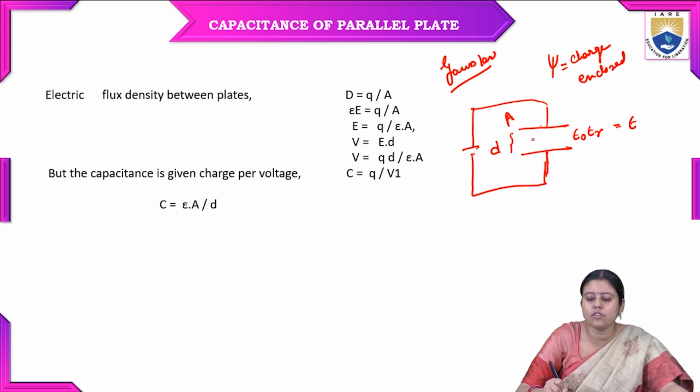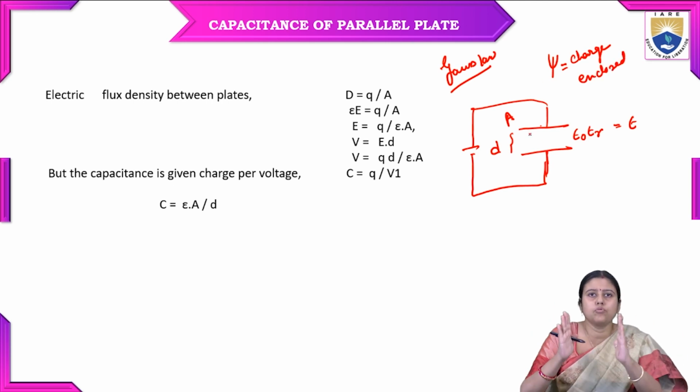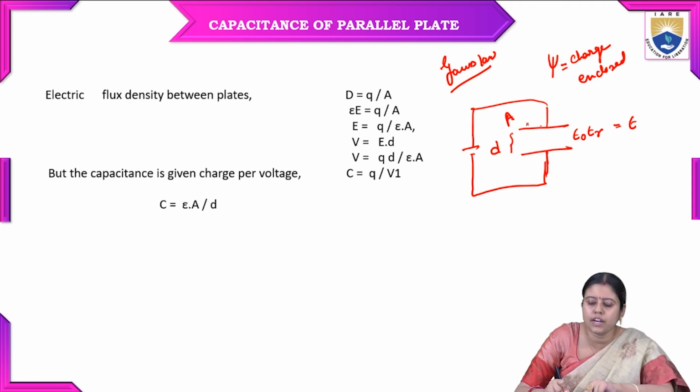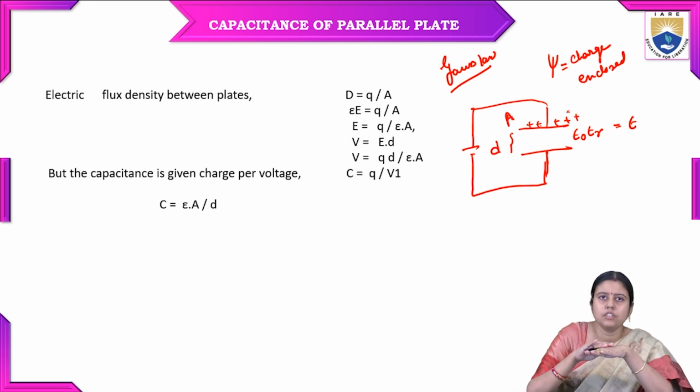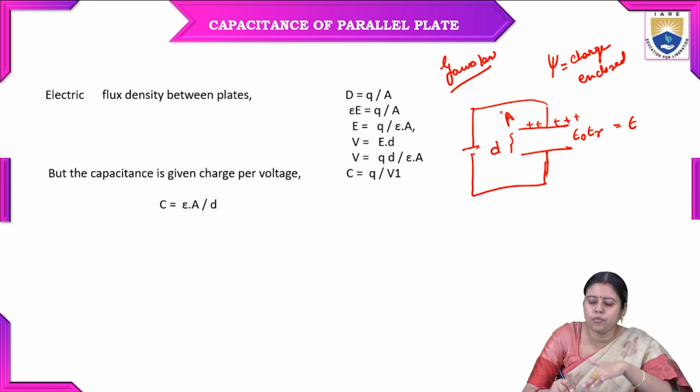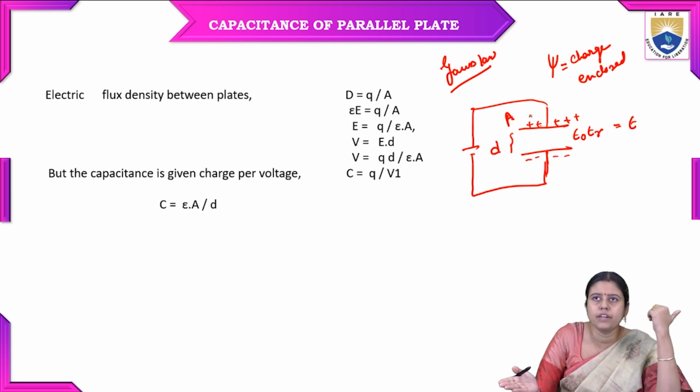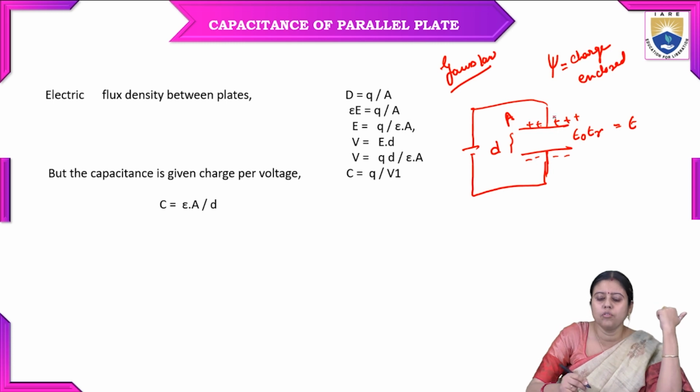If we take the total charge enclosed in the two parallel plate capacitor, if one plate is induced with positive charge, then negative charge will be accumulated on the other plate. So if the total charge is Q, we can write psi is equal to Q.